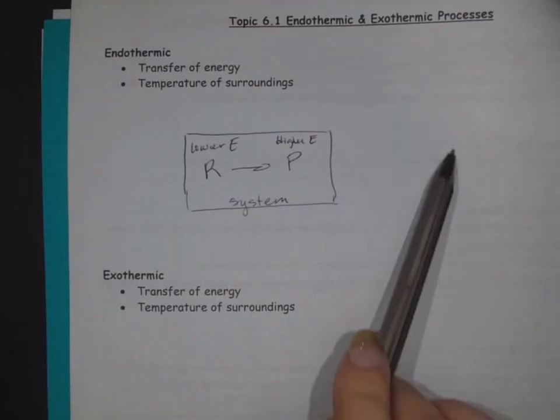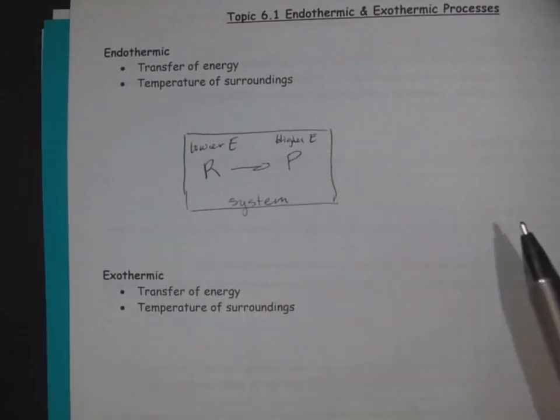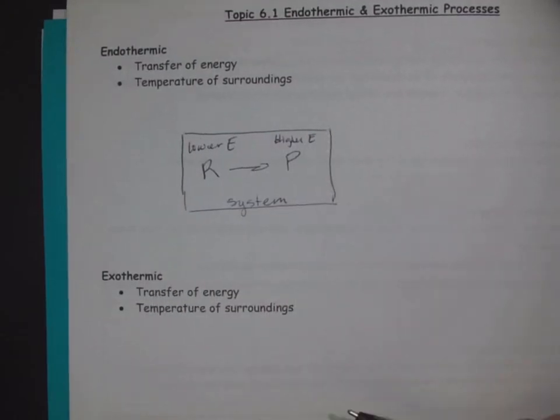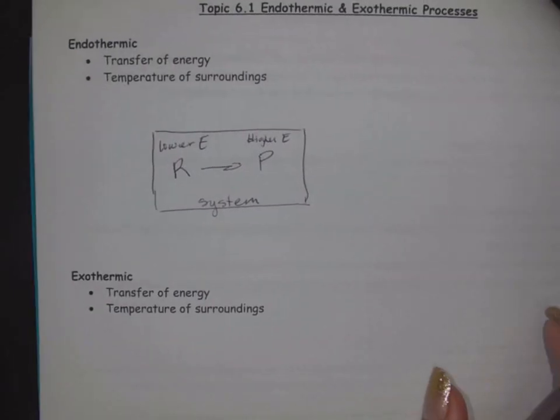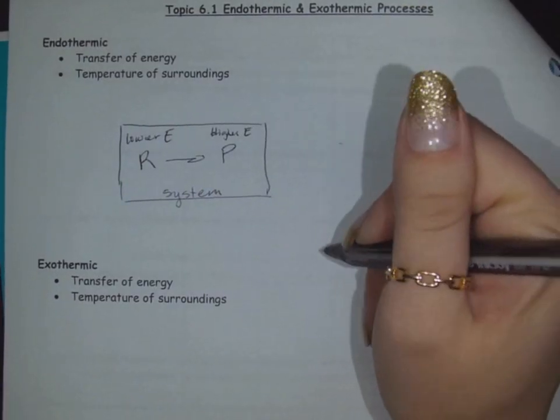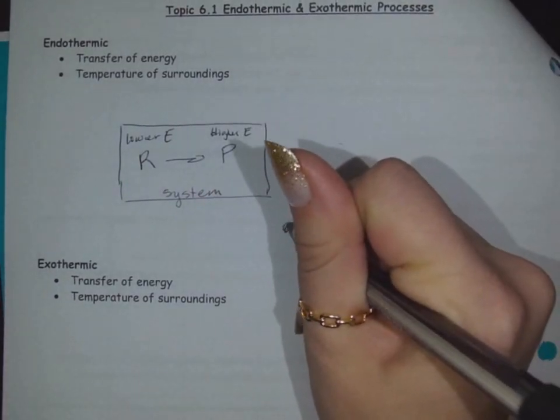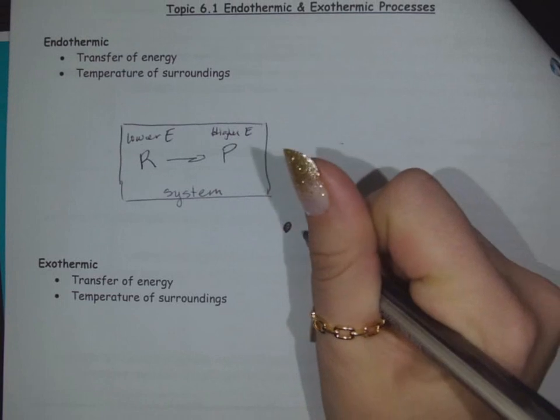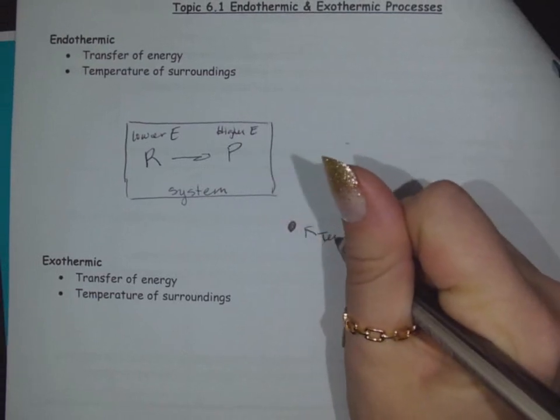And so surroundings are everything around it. Now, one of these items that is really common to be in the surroundings is a temperature probe. So where should we put our temperature probe? Down here? Okay, so this is in the surroundings, and that's our temperature probe.